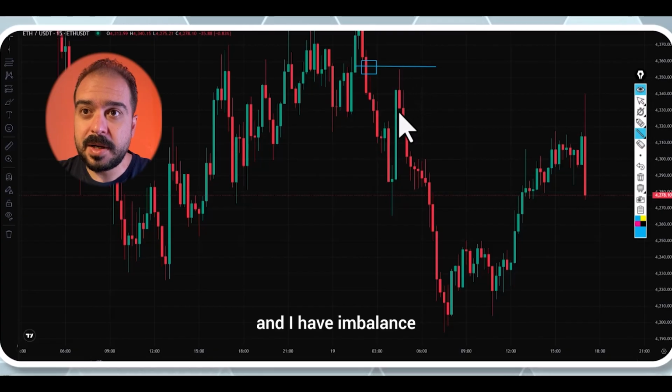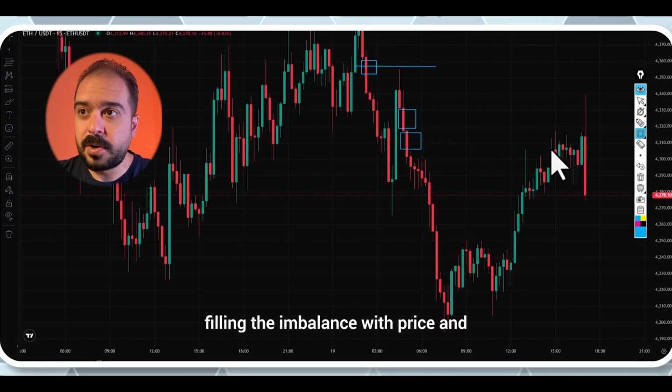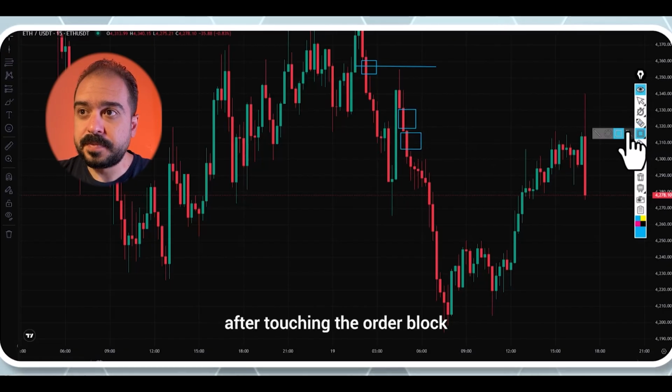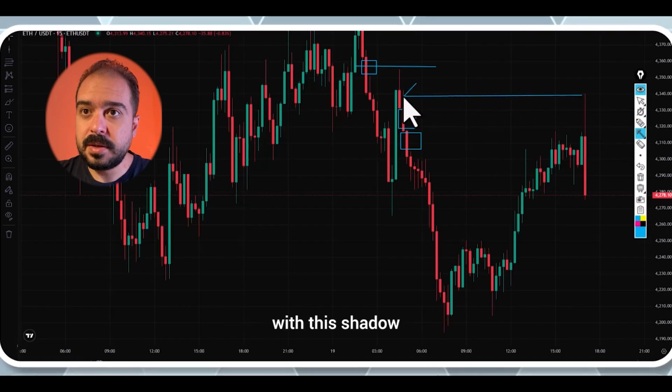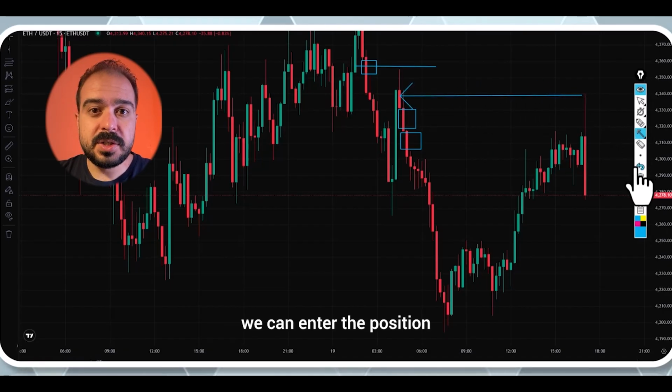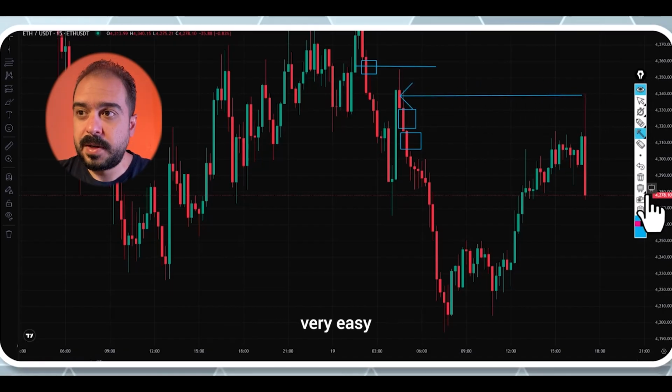And I have imbalance after this order block too in these two places. So after filling the imbalance with price and after touching the order block with this shadow, we can enter the position. How can we enter it? Very easy.